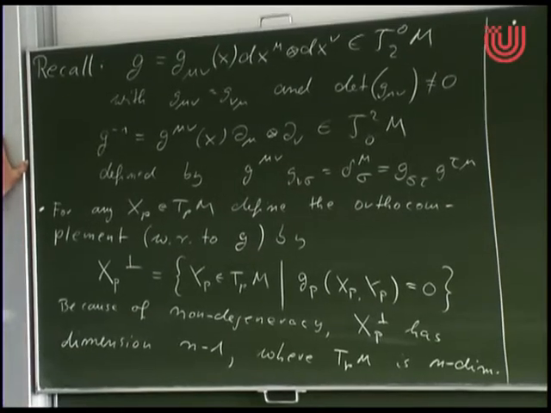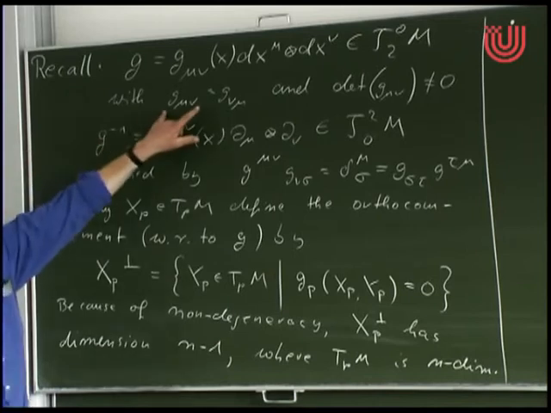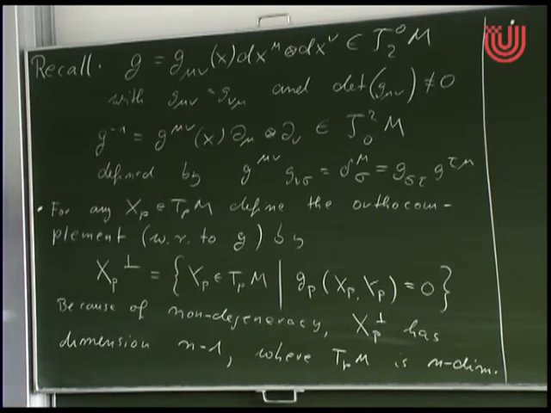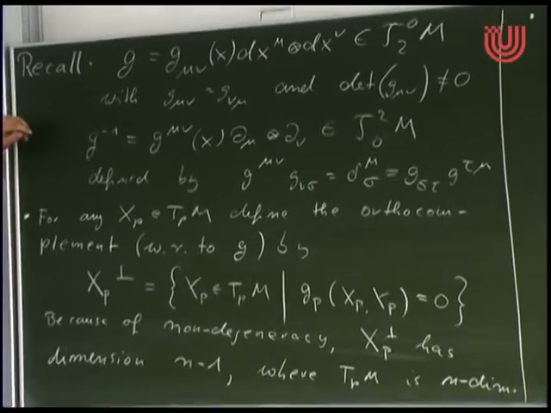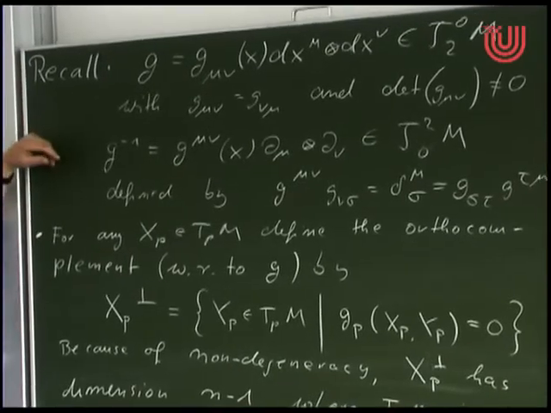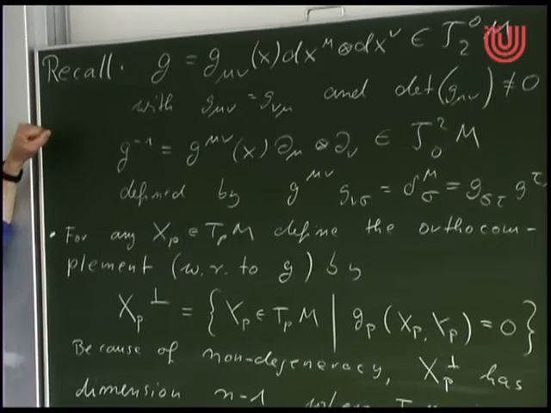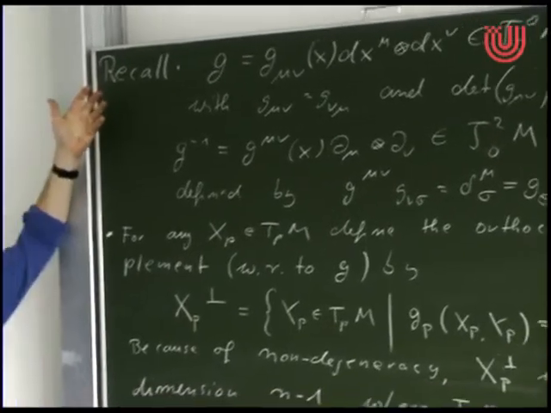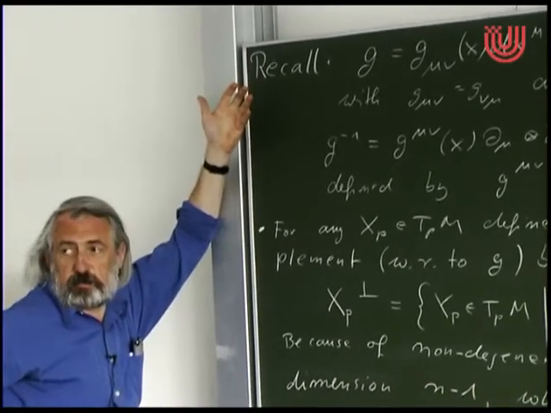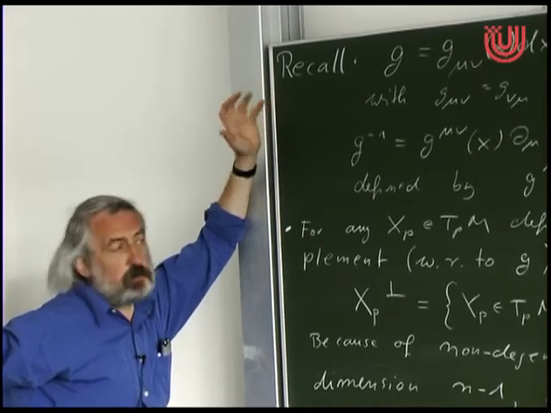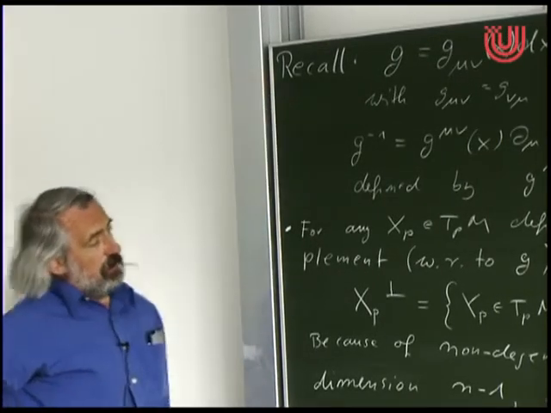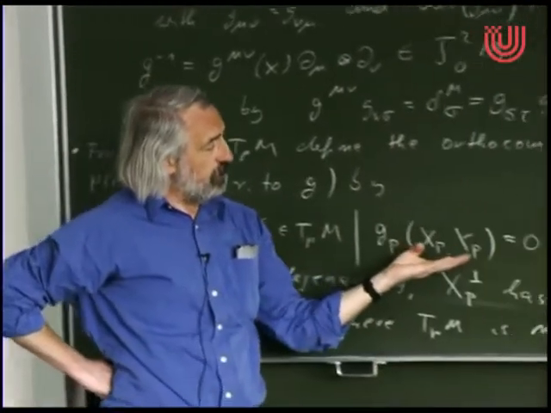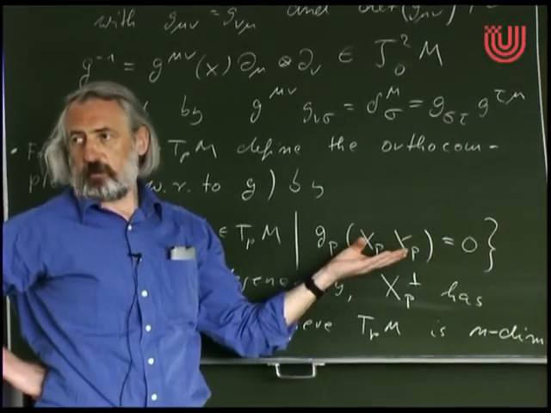So what is this? Well, we observe that this is symmetric. And now I hope you remember from elementary linear algebra that a symmetric matrix can always be diagonalized. To put this more precisely, if I have a bilinear form on a vector space which is symmetric, then I can always find a basis such that it is diagonal. So I can always find a basis such that the basis vectors are perpendicular in this sense to each other.